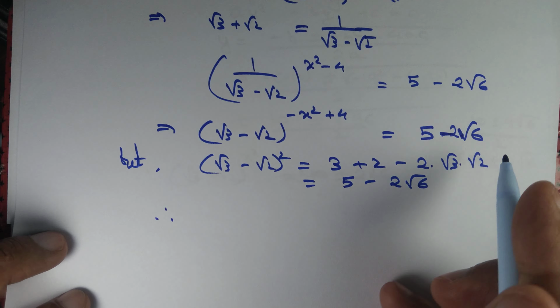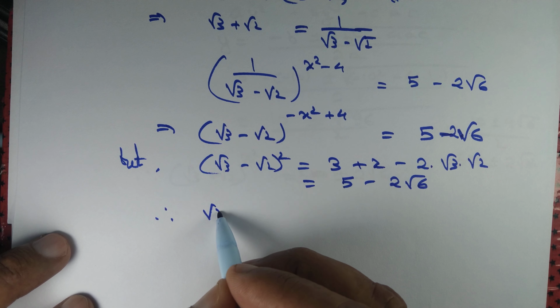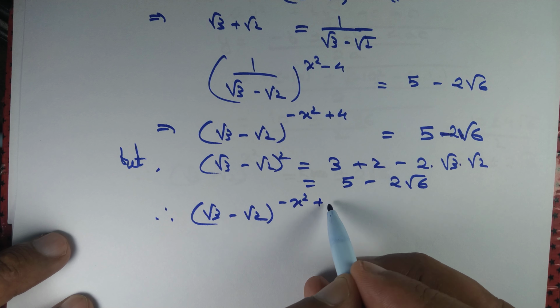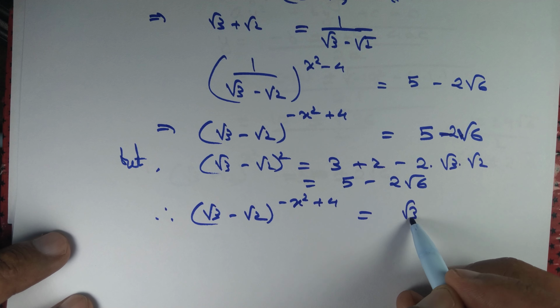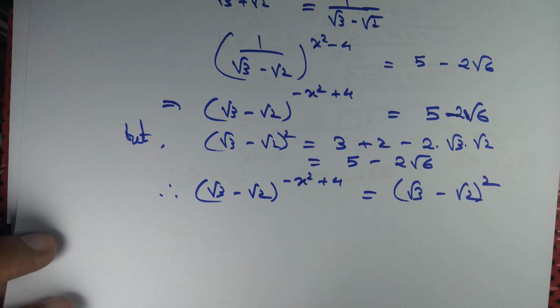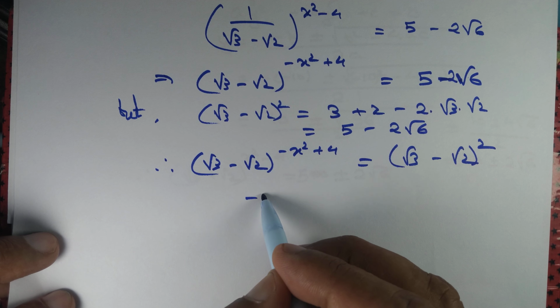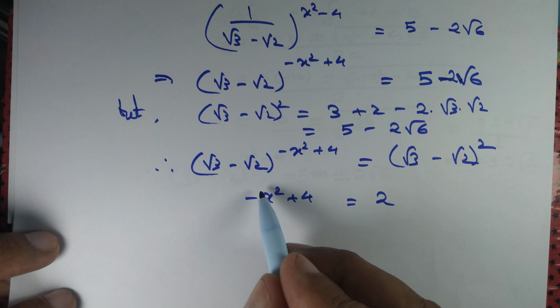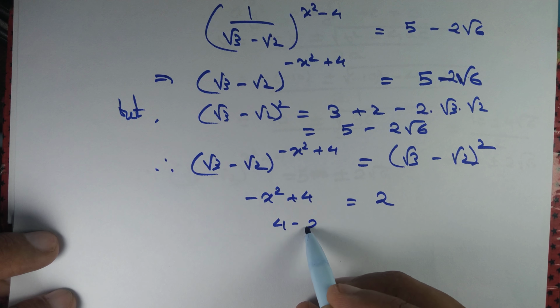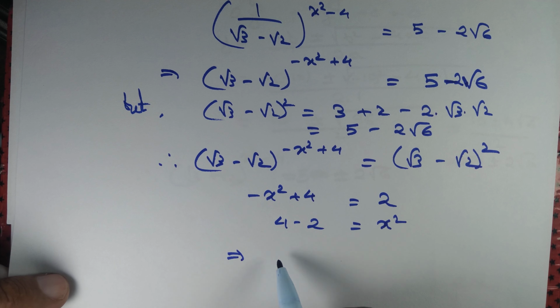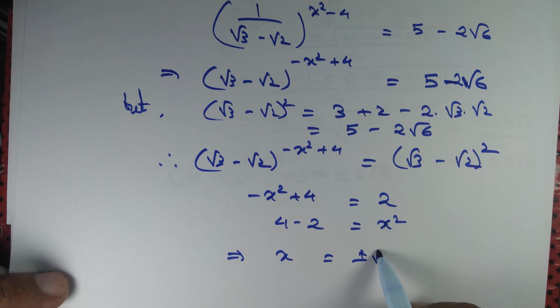Therefore, we can write this equation as (root 3 minus root 2) to the power minus x square plus 4 equal to (root 3 minus root 2) whole thing square. Now once again we compare the power to obtain minus x square plus 4 equal to 2. So that gives us 4 minus 2 equal to x square. So x equal to plus minus root 2.